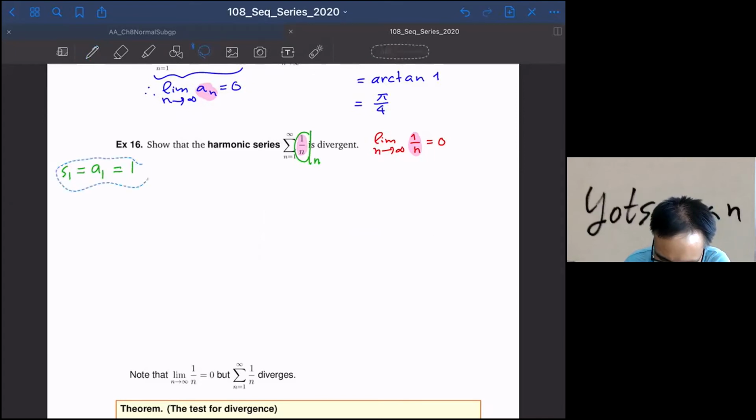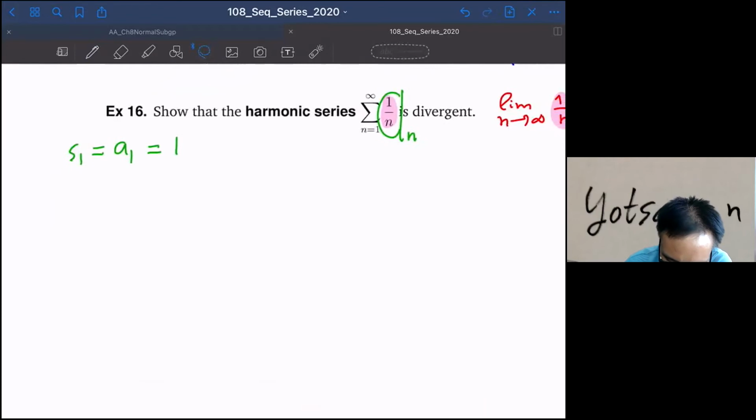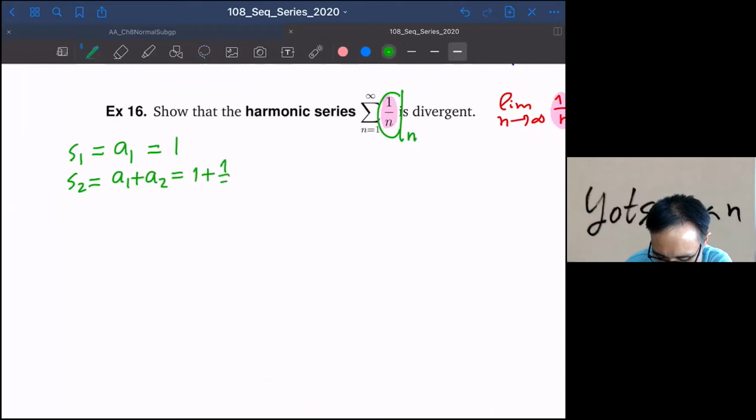Let me move this to the side a little bit. And you're going to compute S2. So S2 is A1 plus A2, so it's 1 plus 1 half. S3 is A1 plus A2 plus A3, so let me just sum them up.